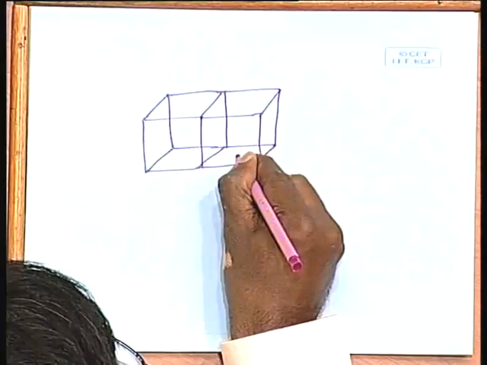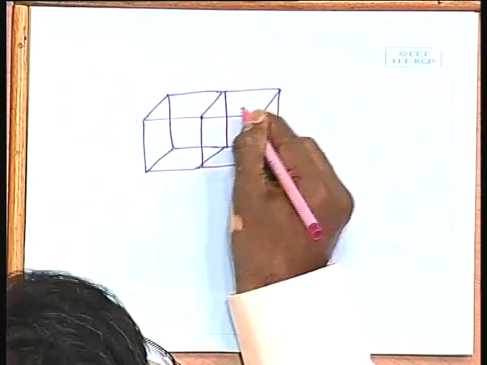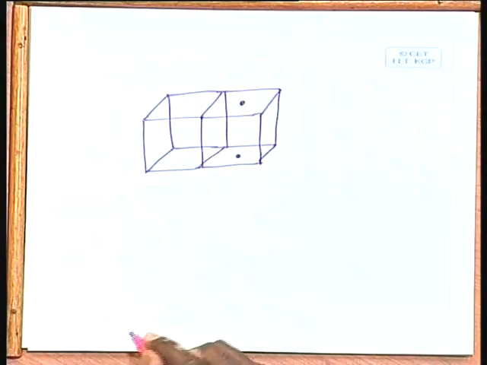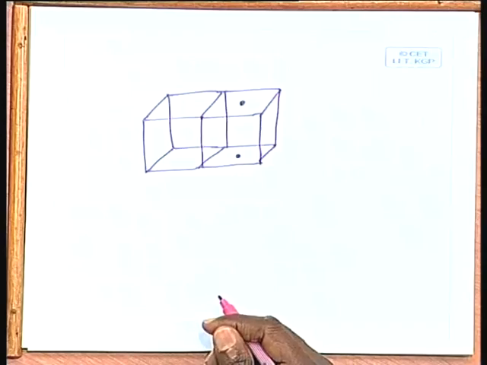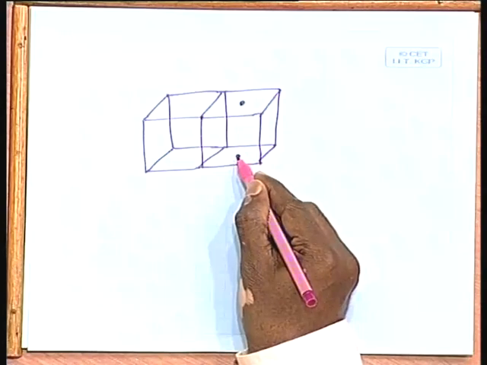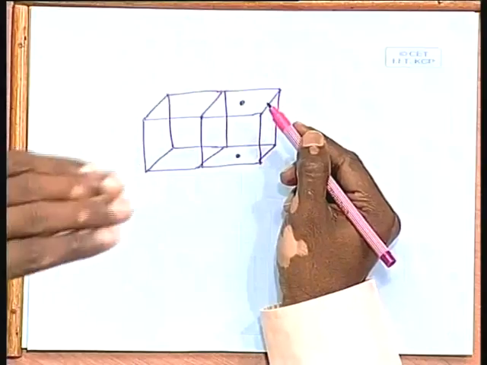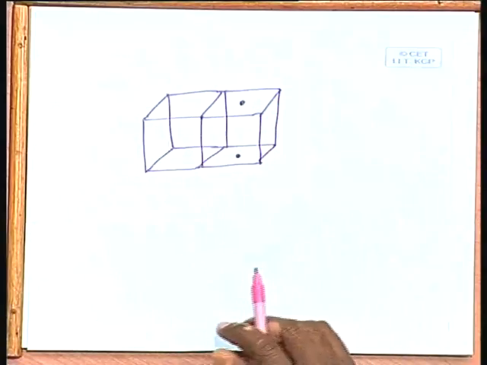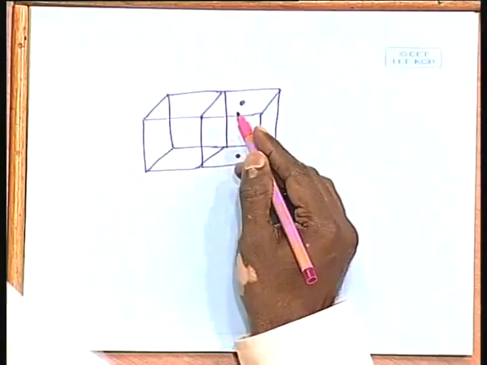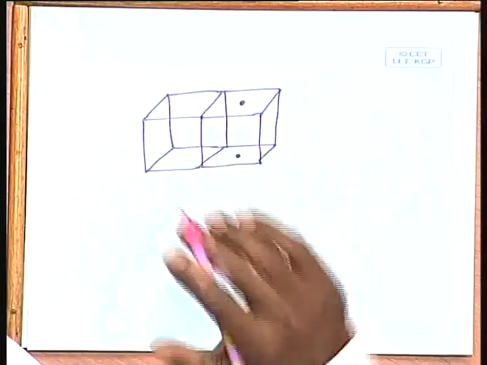Base centered means I have an atom at the base, bottom, and I also have an atom on the top. So, when I talk of base, it does not matter whether I am talking of the bottom or the top. Okay? There are also unit cells on top, because we are talking of a crystal structure. We are not saying there is only one unit cell in a crystal structure, there is an innumerable number of unit cells. So, the top of this unit cell will become the bottom of the next unit cell which is on top of it.